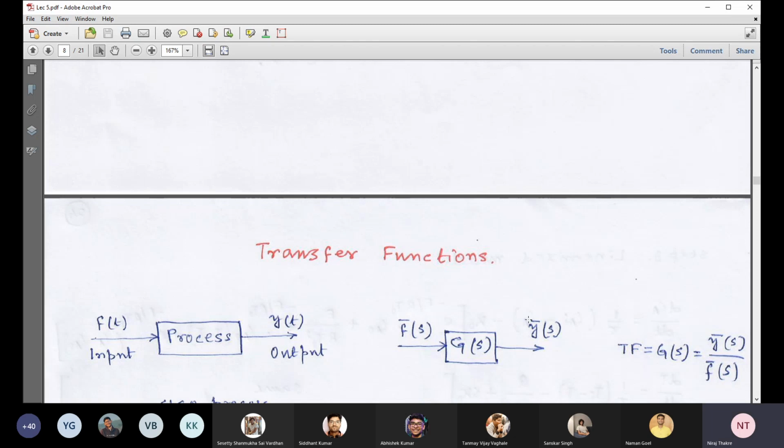Input we are denoting by F and output we are denoting by Y. So this is in time domain. In the second figure, you see the same thing we have drawn, but it is in Laplace domain S.